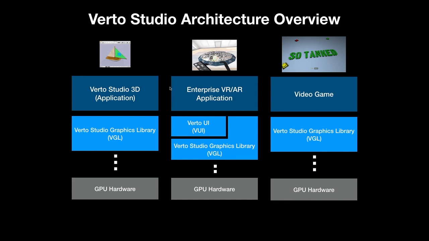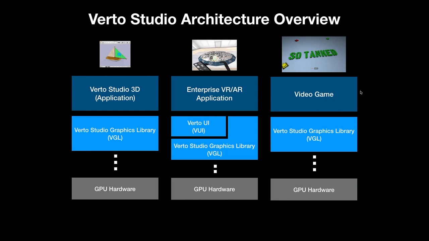And then we have an enterprise VR AR application, which is a city planning program that can run on the HoloLens or the HTC Vive in VR. And that program is written against Verto UI, which is my GUI, or I should say graphical user interface, modern implementation of buttons and widgets and stuff like that. And that runs on top of VGL.